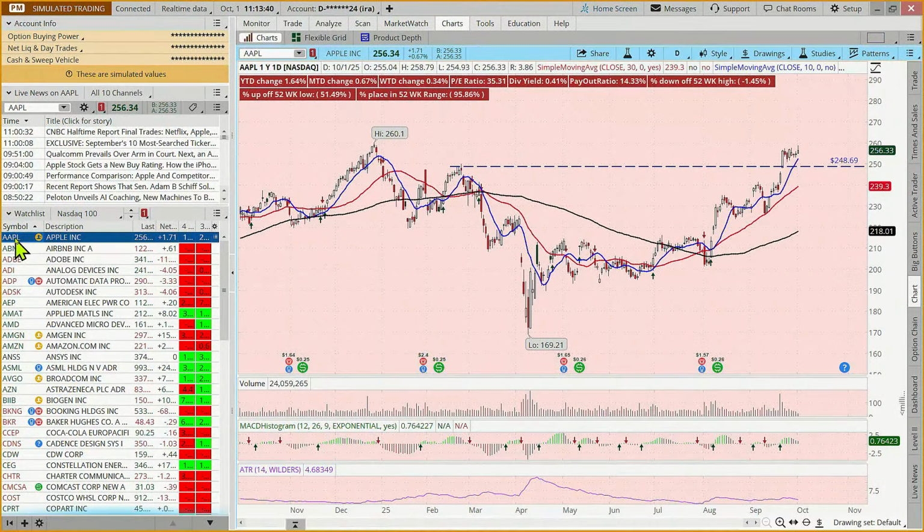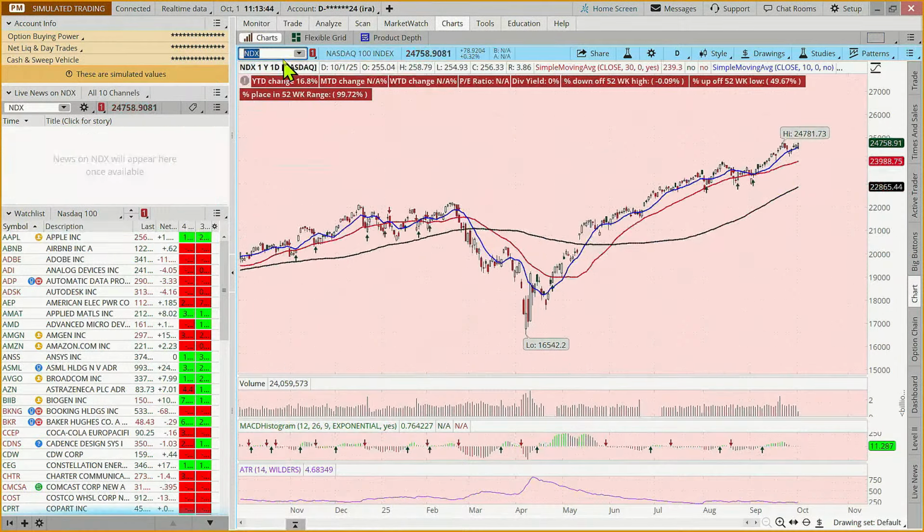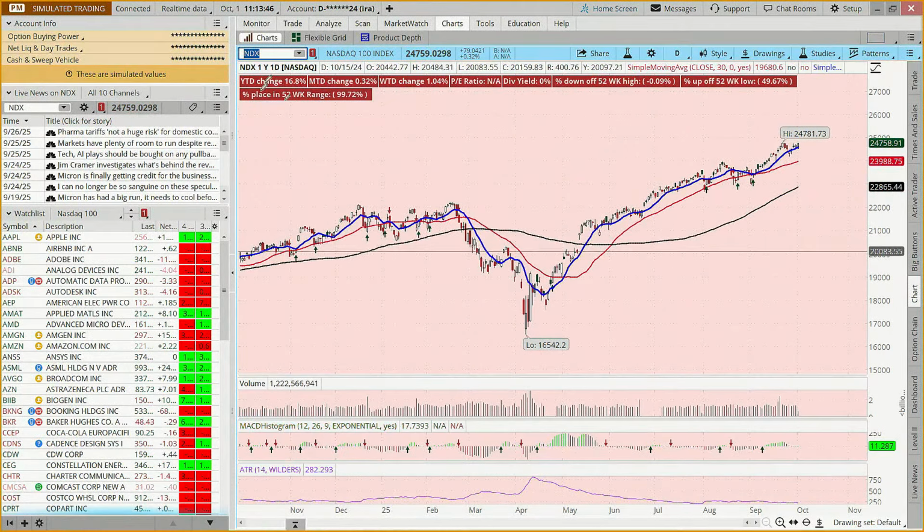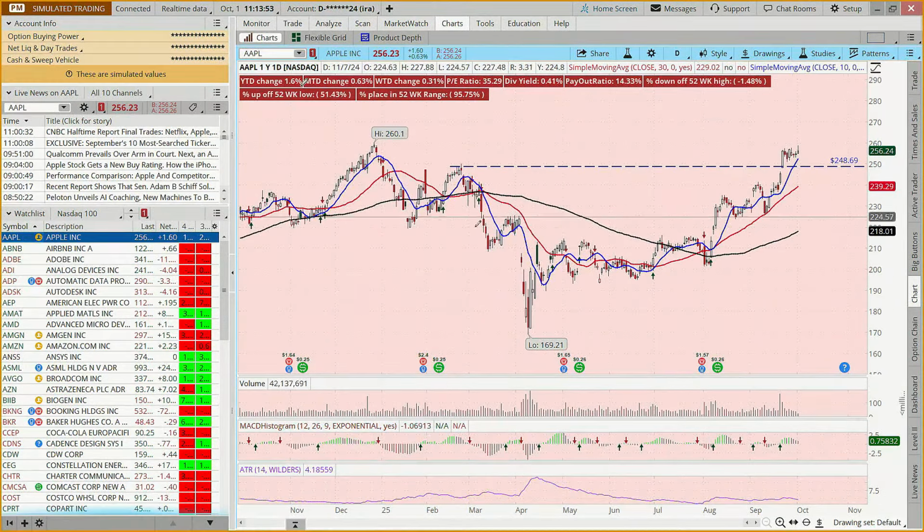So if I look at Apple, well, if we look at the NASDAQ, I didn't point this out, but it's up almost 17% year to date, right? And then we look at Apple, it's only up 1.6%. And this is a 1-year chart.